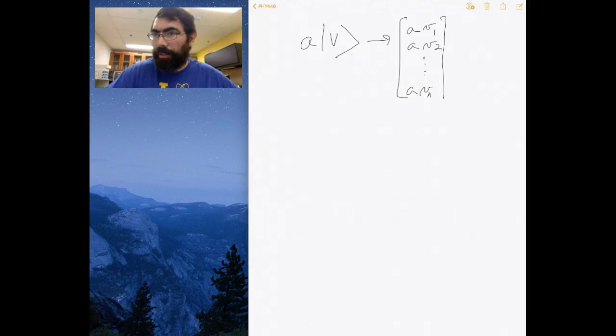If I have a scalar a multiplied by a vector v, and I think about this in terms of columns, that's a times v1, a times v2, a times vn, like so.